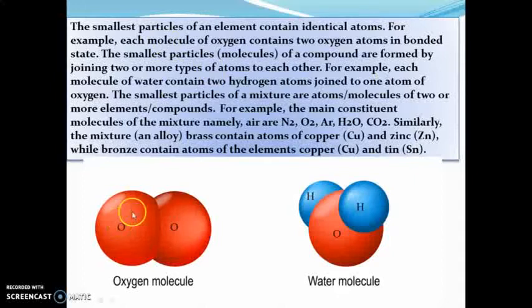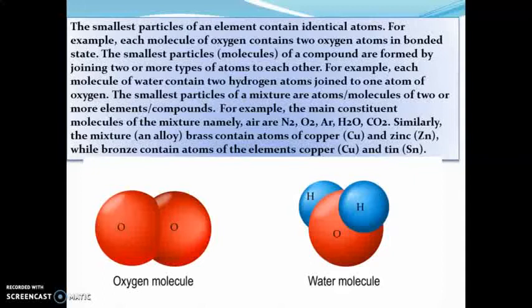You can see here, this is one oxygen molecule, and it contains 2 oxygen atoms. This is the first oxygen atom, this is the second oxygen atom, and they are bonded together in a chemical state.